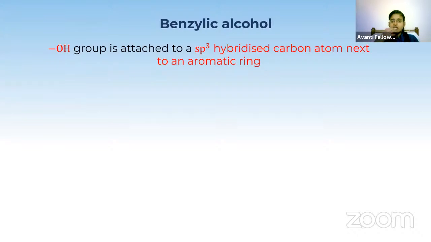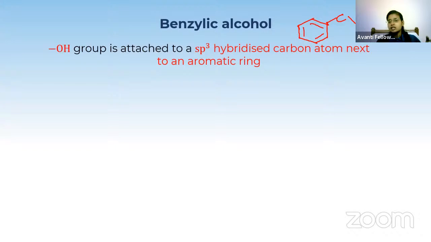Great, great. OH group is attached to a sp3 hybridized carbon atom next to an aromatic ring. So, what is an aromatic ring? This is an aromatic ring. And this aromatic ring has carbon, okay, and to that carbon OH will be attached.